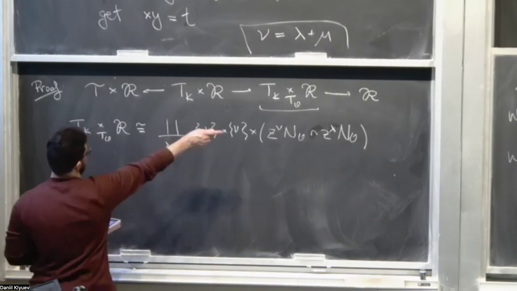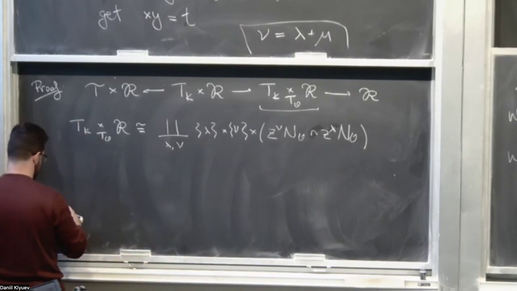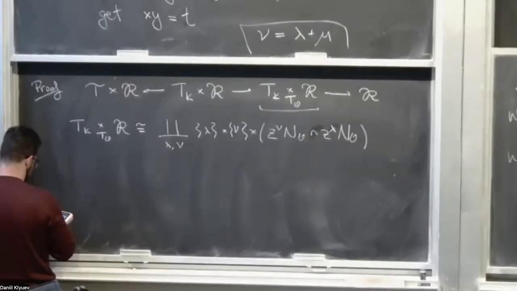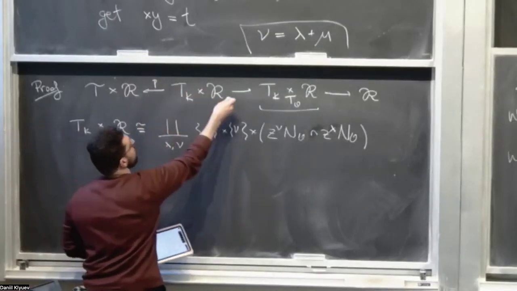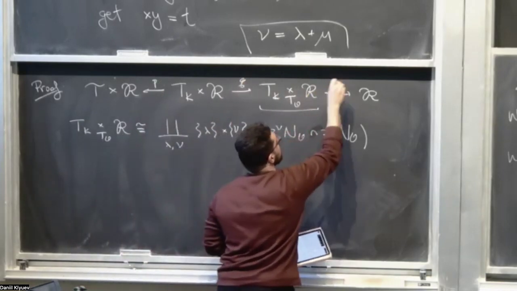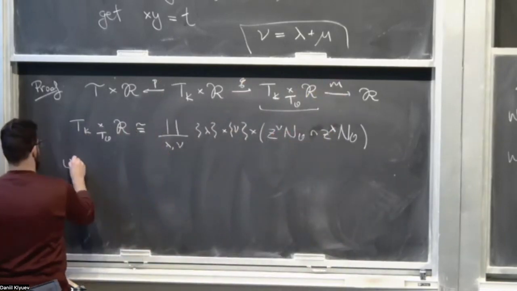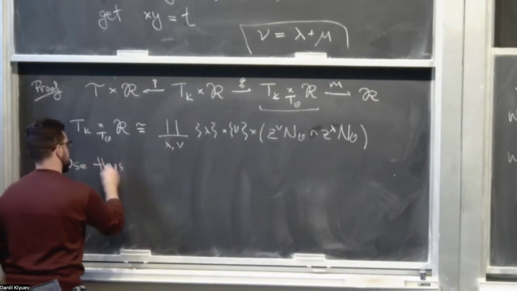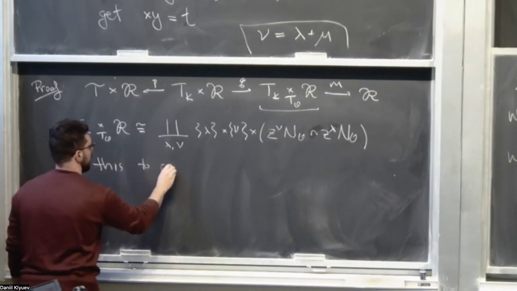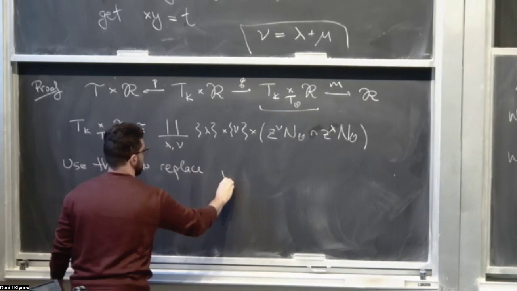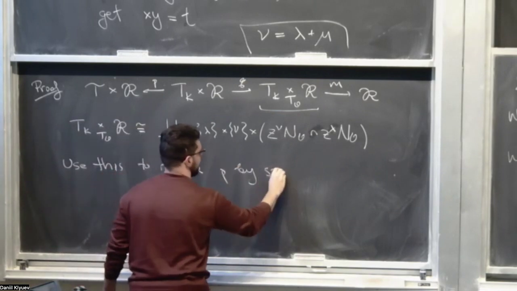Right. I mean, there's an explicit map you can write down. Well, is it P, Q, and M, I guess. Use this to replace P by something simpler.